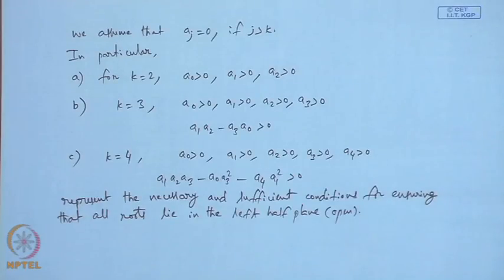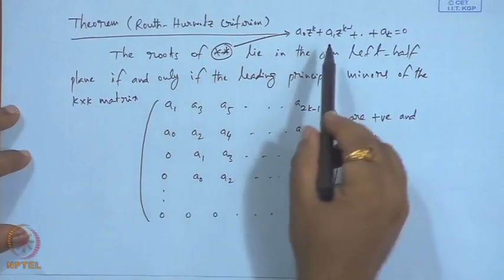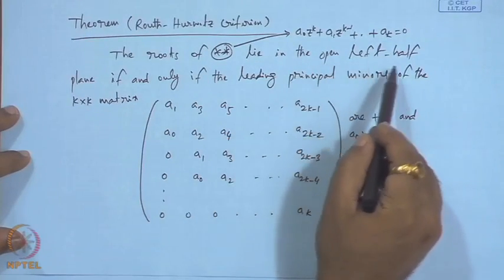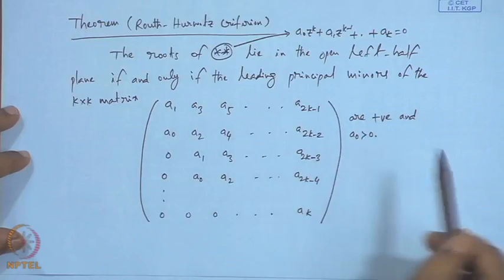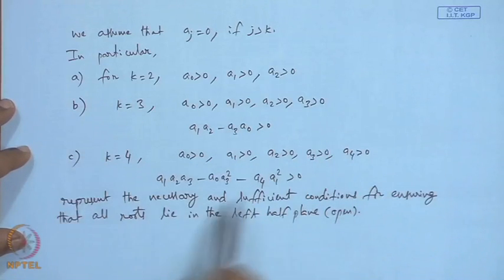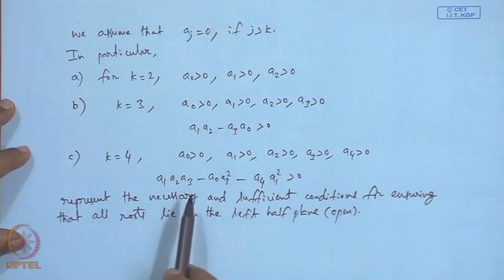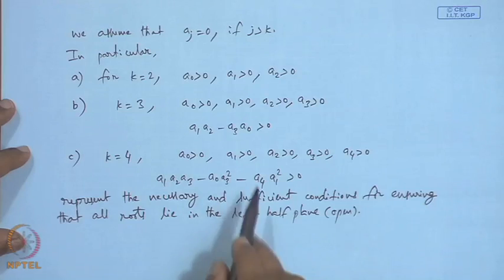Then the Routh-Hurwitz criterion states that the roots lie in the open left half plane if and only if the leading principal minors of this matrix are positive and A 0 is greater than 0. In particular, we have these necessary and sufficient conditions.